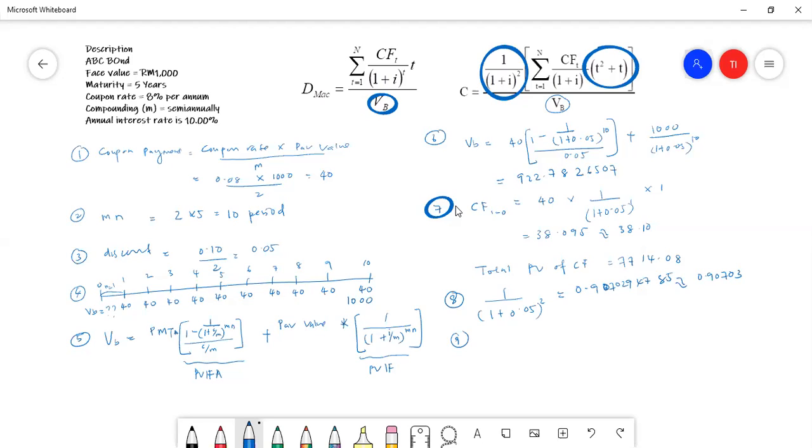So it will continue up to period 10. Therefore t squared plus t, for cash flow 1, 1 squared plus 1 equal to 2, cash flow 2, 6.